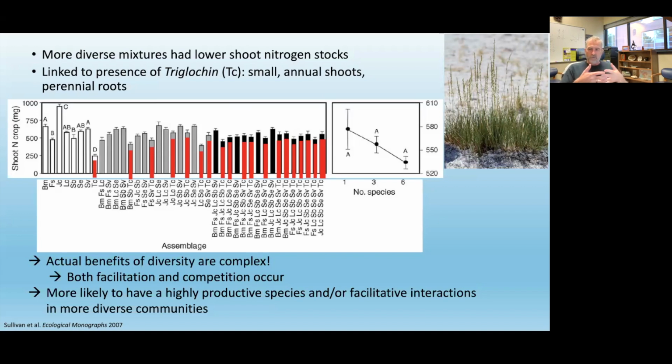There's a lot of things going on between these different plants that can facilitate, inhibit, or in some cases provide no difference. But generally, you're more likely to have highly productive species and facilitative interactions in these more diverse communities because you have more different species with different genetic characteristics that allow them to facilitate one another, but also to survive under a wider range of conditions, sometimes with duplicate ecologic niches where there can be ecologic overlaps occurring.